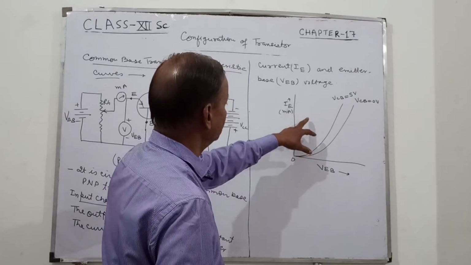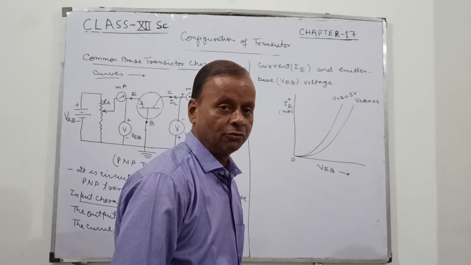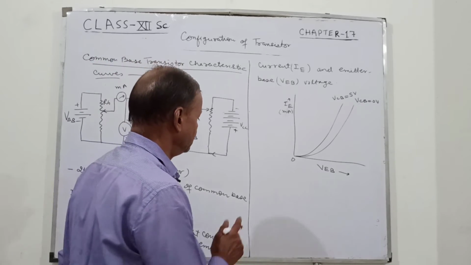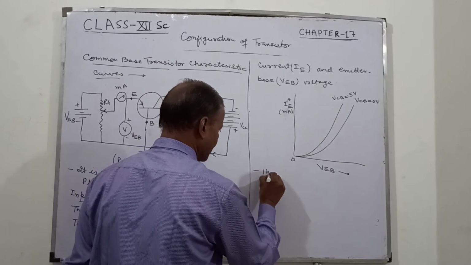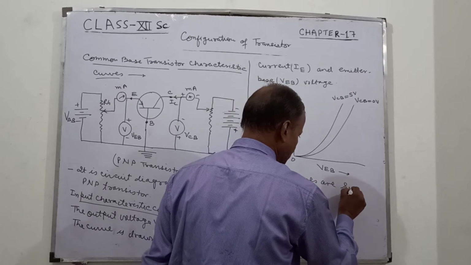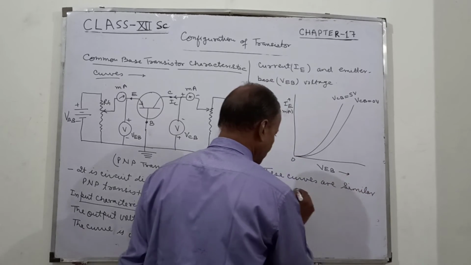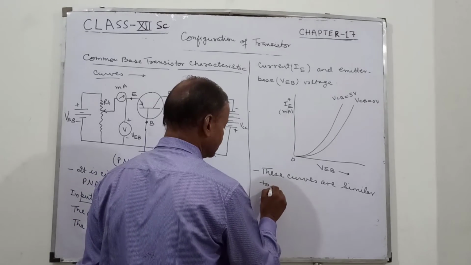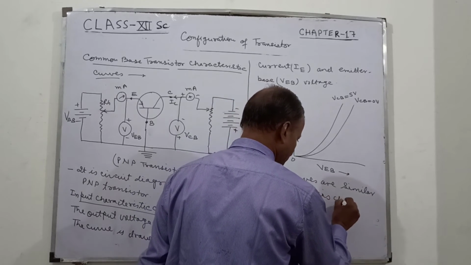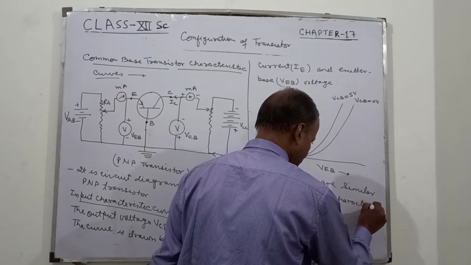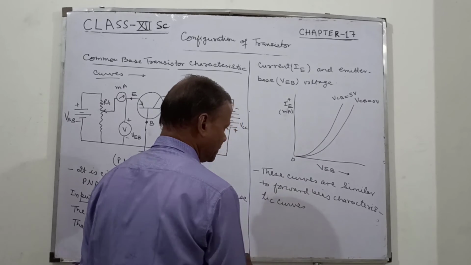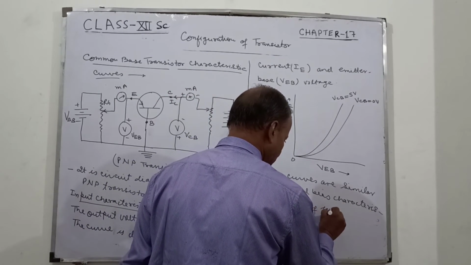Now you see that these curves are similar to the forward bias characteristic curves of a junction diode.